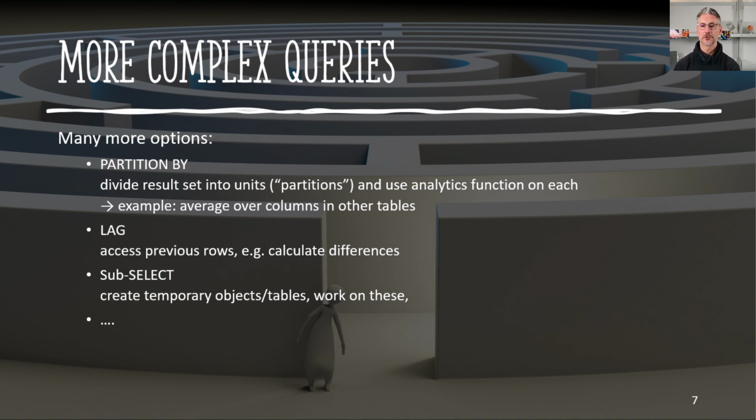So for example, the average over columns and other tables. Or you have the lag function that gives you access to previous rows if you want to, for example, calculate differences between rows. You can also use select statements multiple times, or subselects, and that gives you access to temporary objects in tables, so it's more convenient to work on those, and so on.